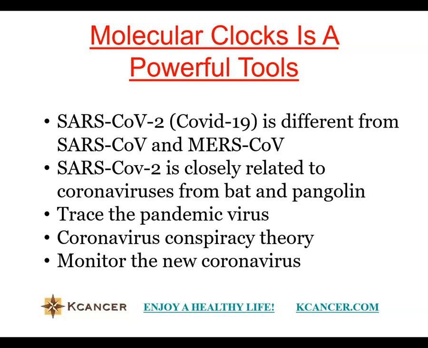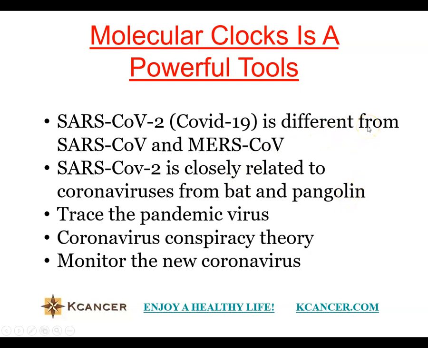That's why the current conclusion is that COVID-19 is transmitted from bats or pangolin to human. But this process, transmission from animal to human, is a long process, maybe more than 20 years in this case.